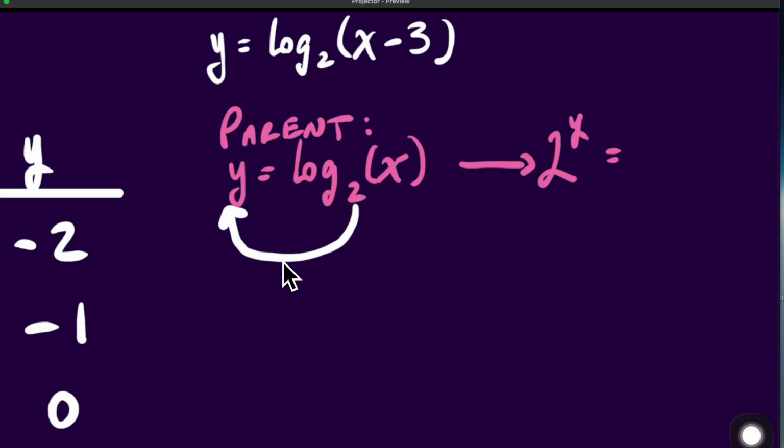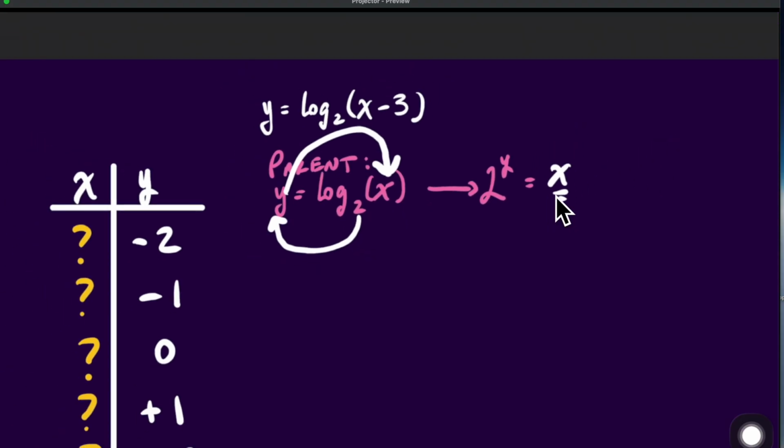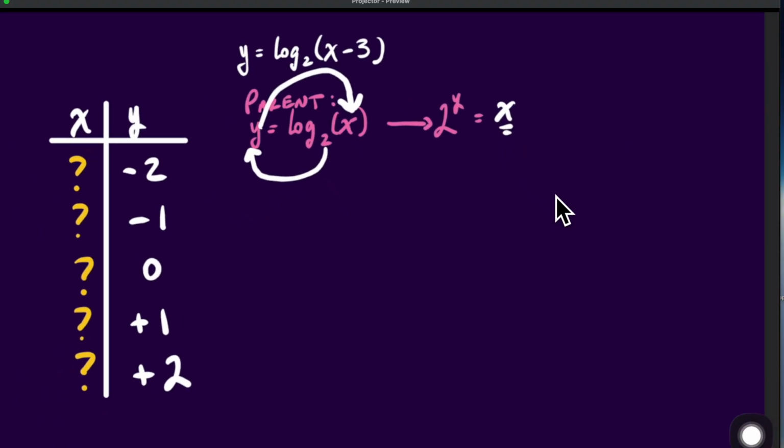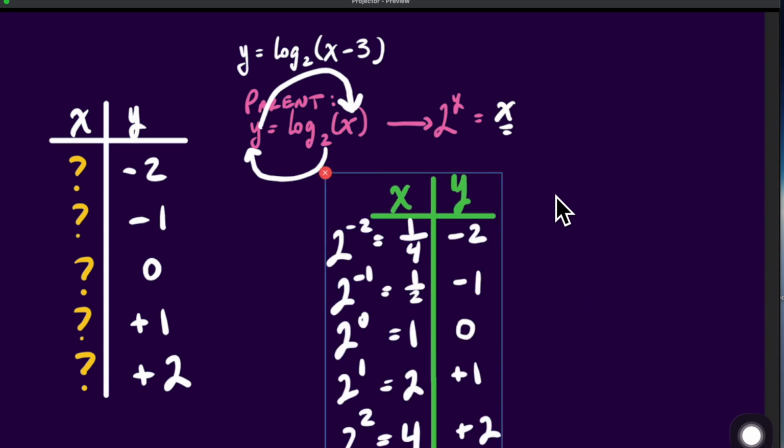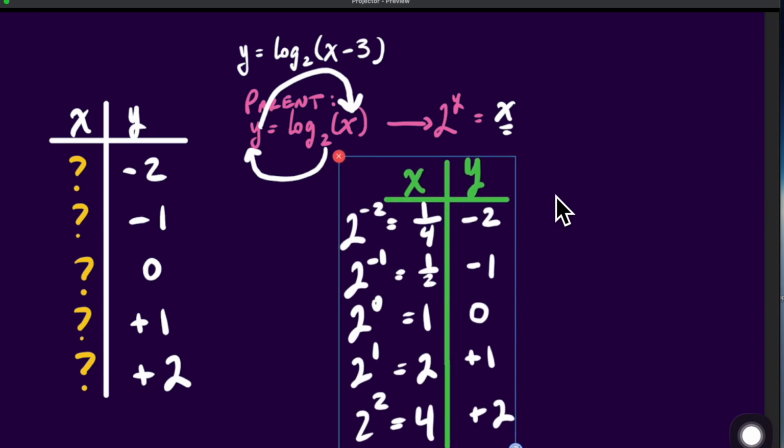Now going back to the parent function, if we perform what I call whirlybird, and we take the base, we raise it to the opposite side of the equal sign, we get 2 to the y, and that is going to equal our x value. So in this particular technique, we're going to pick our y values, we're going to input the y values, and we're going to use whirlybird to get the x values.